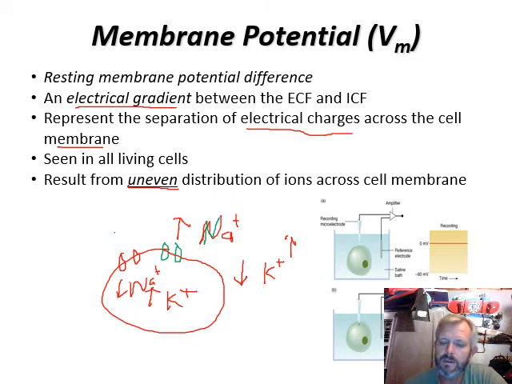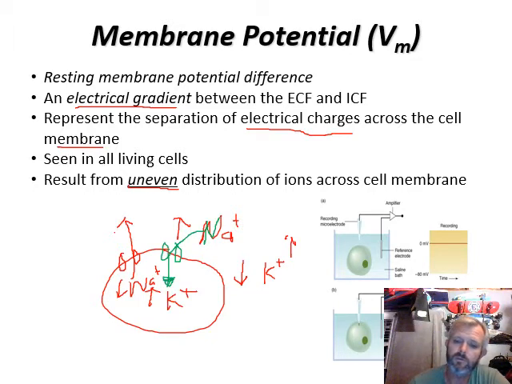Let's just look at it: in a potassium channel, which way is potassium going to move? Yeah, you have potassium moving out. What about with sodium? We're going to be using our properties of diffusion. Sodium's high outside, so sodium would move in.